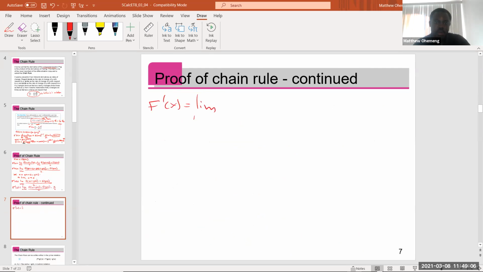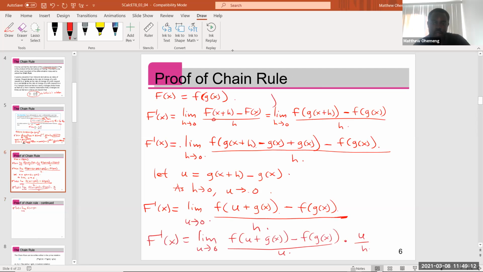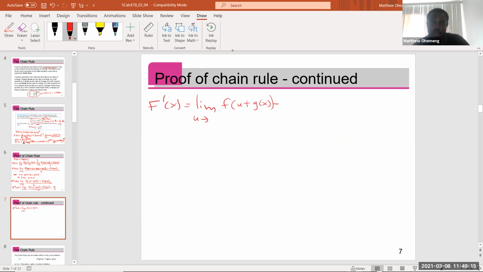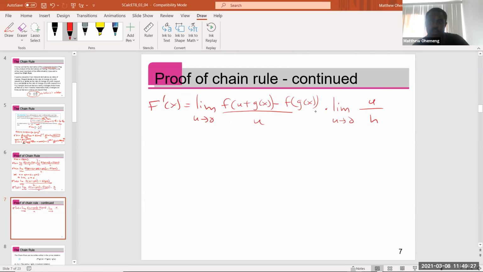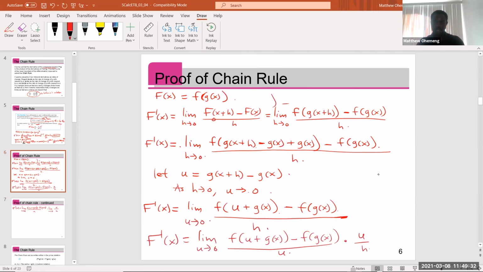Limit as u approaches 0 of f of u plus g of x minus f of g of x all over u, times limit as u approaches 0 of u over h. Please, you agree up to this point, right? The limit of a product is a product of the limits.